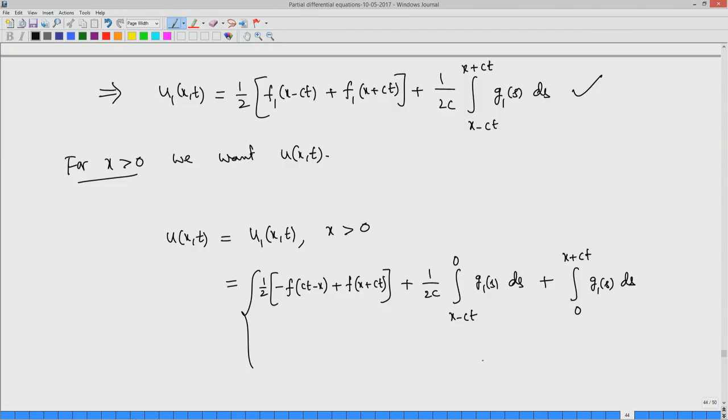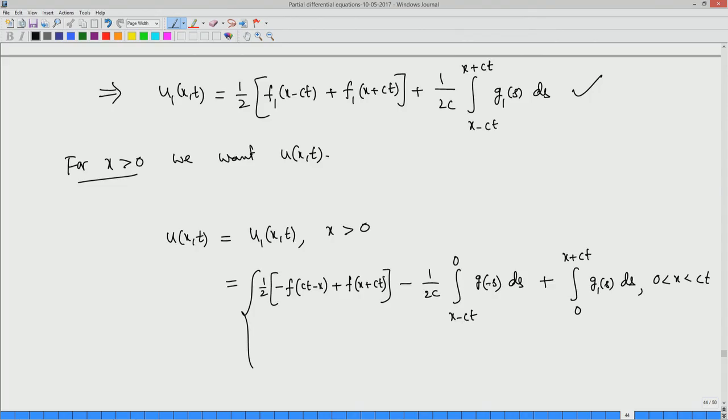So when x is between 0 and ct, x minus ct is negative, so clearly g1 is on the negative side. I have to replace this with minus g of minus s, because s is negative, from negative to 0.